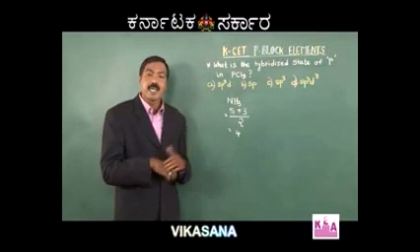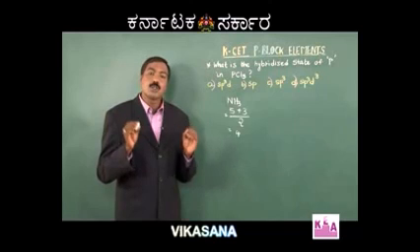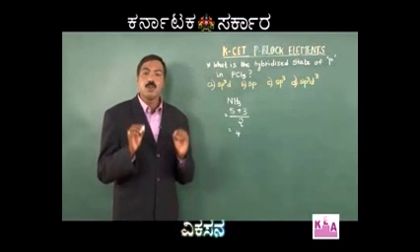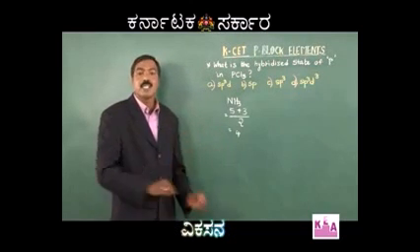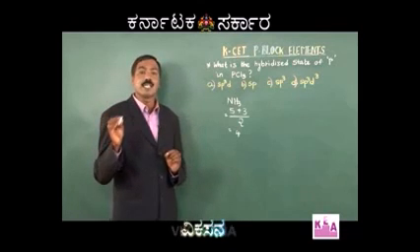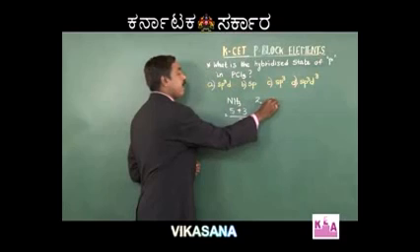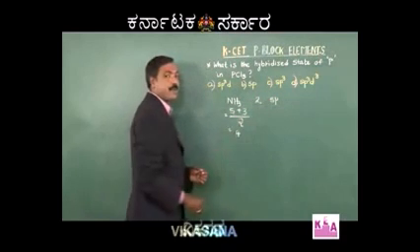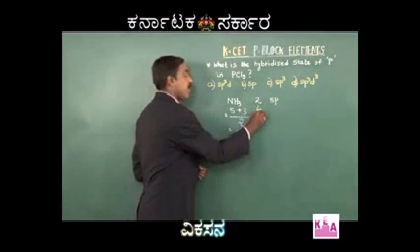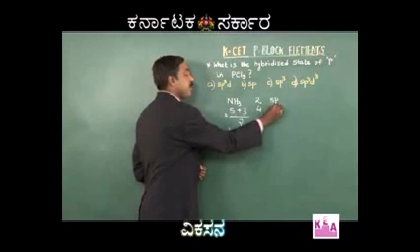Now I need the hybridized state. Students, I want you to learn this concept. If you know how to get this number, you can easily predict the hybridized state. For example, if the number is 2, the hybridization state is sp. If the number is 4, the hybridized state is sp3.